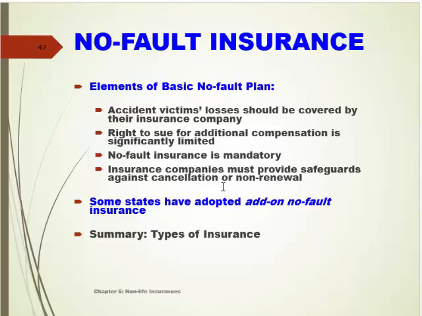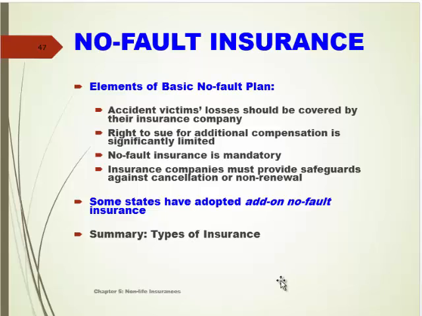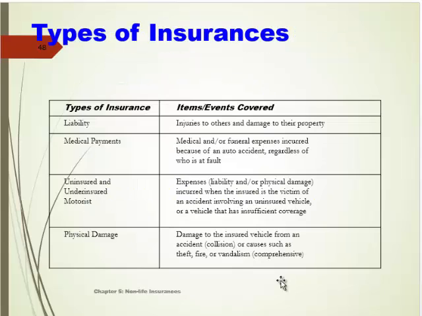Insurance companies must provide safeguards against cancellations and non-renewals. So they have to incorporate that into it. Some companies have actually even adopted a different form of this. It's add-on no-fault insurance. So there's an additional piece that's incorporated into this.